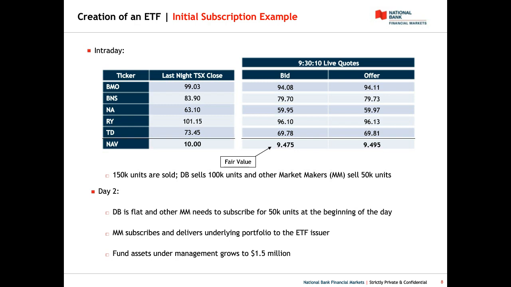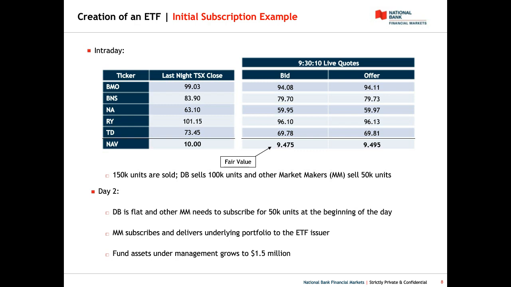And now let's assume the other market maker is short 50,000 units, so needs to subscribe for 50,000 units. In this case, the fund's assets have grown to $1.5 million. So this is just a good example, and it sets the context of how an ETF is created and starts to grow.